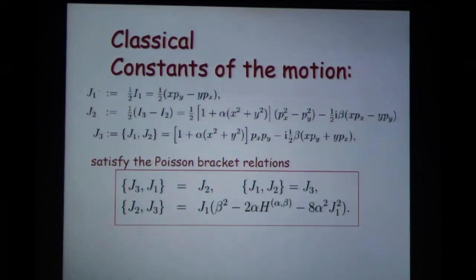So they satisfy the following Poisson bracket relations. You see J1, J3, J2, as in the rotational algebra. However, J2 with J3 gives you J1 times this horrible mess. Here is a Hamiltonian, here is J1, and this is a constant.